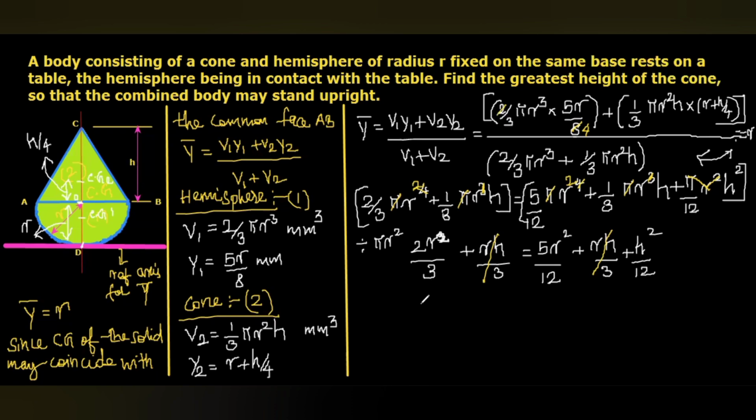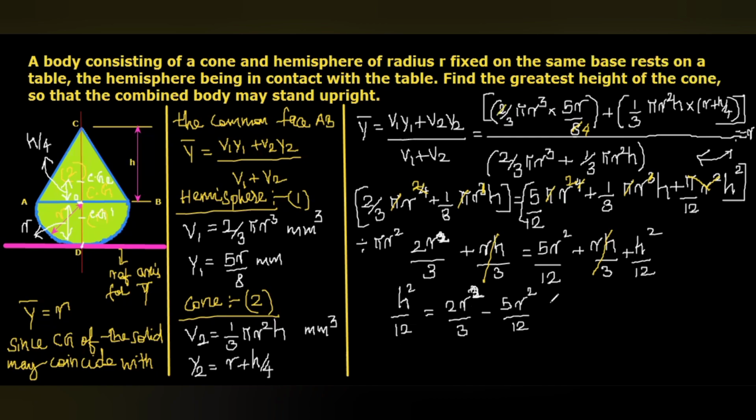Rearranging, we can write h square by 12 equal to 2r square divided by 3 minus 5r square divided by 12. Then by taking the LCM, this has to be multiplied with 4.